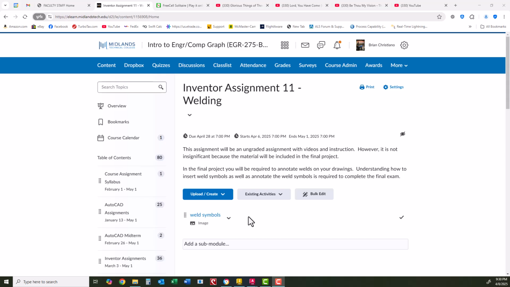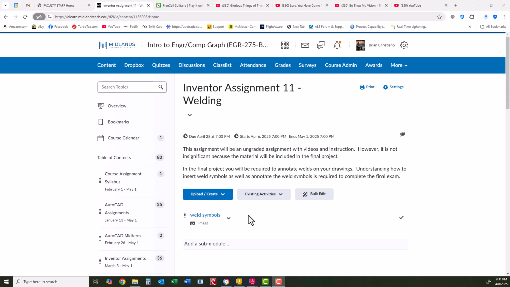Okay, we're going to talk a little bit about some welding basics. Welding symbols are included in the Inventor software. I'm not going to expect you to specify the welding type, but I will expect you to understand the welding symbols and how to apply them to a drawing, and this will be included in your final as well.